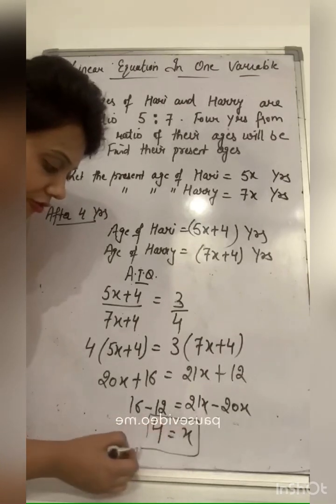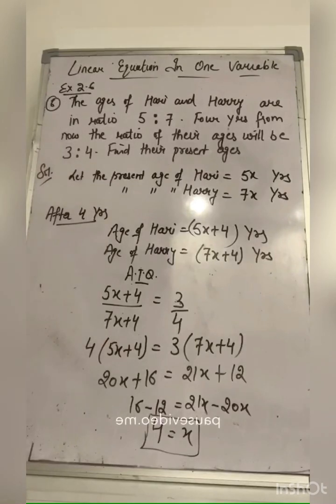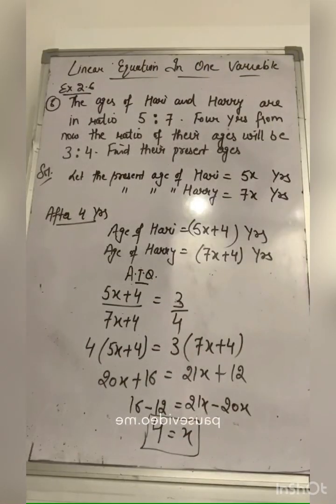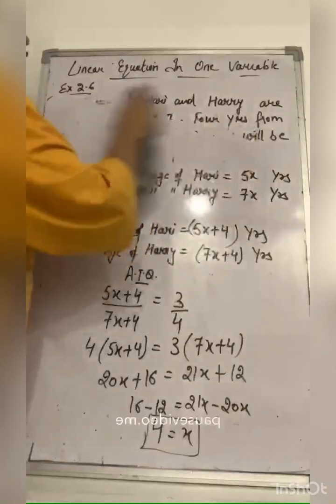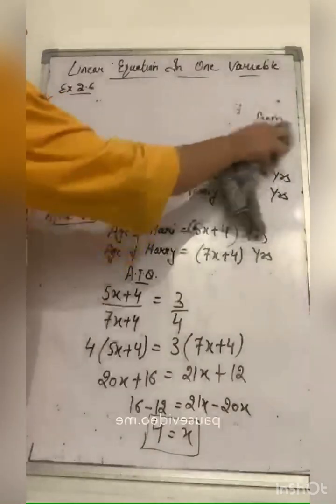So the value of x is equal to 4. And what we have to find? We have to find the present age of both. So after getting the value of x, we have to find their present ages.